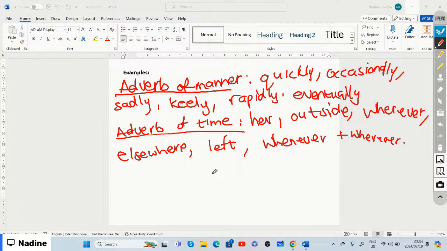We see that the adverbs of manner are like quickly, occasionally, sadly, keenly, rapidly, eventually, right?